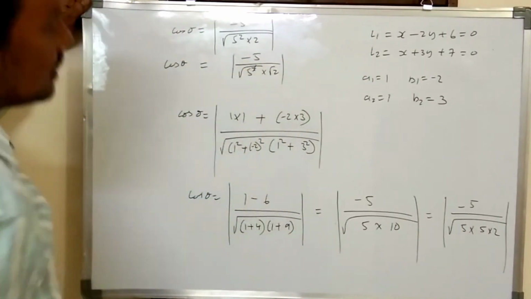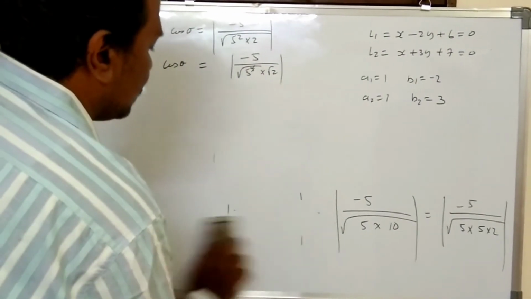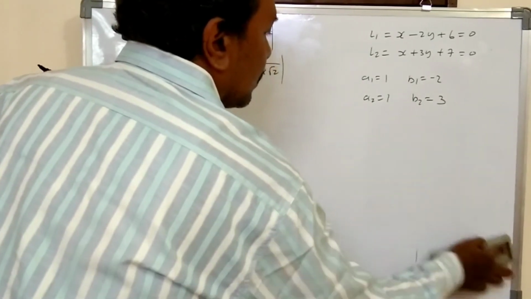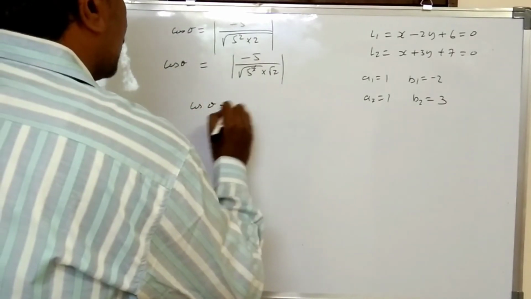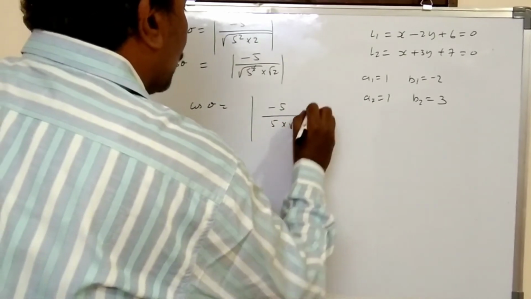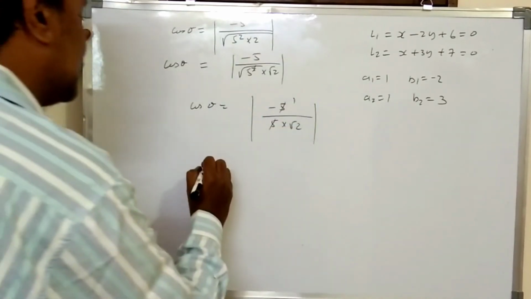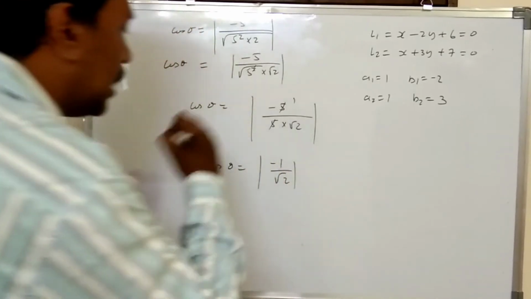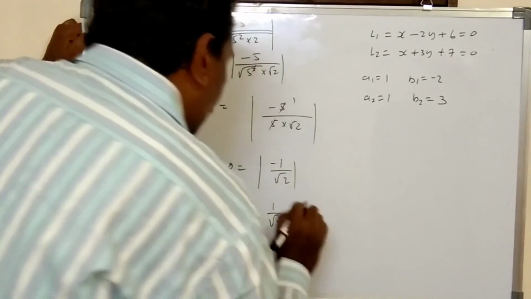Here square and root get cancelled. So naturally it becomes cos theta is equal to minus 5 by 5 into root 2. 5 numerator, 5 one time. So that becomes cos theta is equal to minus 1 by root 2. Remove the modulus. That becomes cos theta is equal to 1 by root 2.